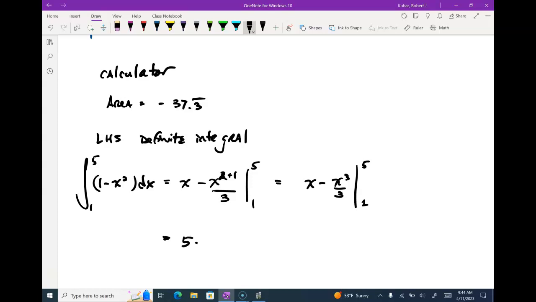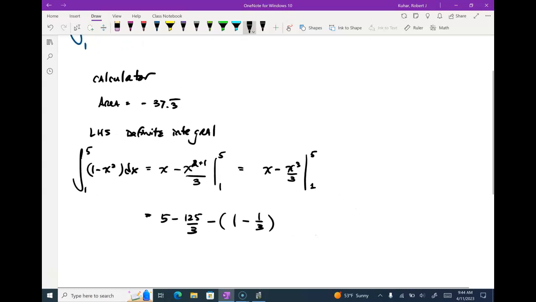So I get 5 minus 125 thirds, minus 1 minus 1/3. Right? Evaluate at 5, evaluate at 1, subtract. So what do I get? 5 minus 125 over 3 minus 1 plus 1 over 3.